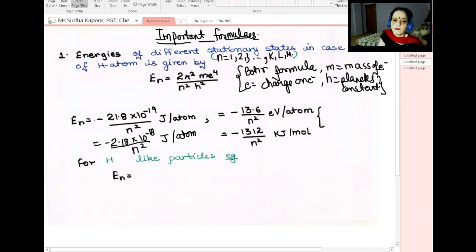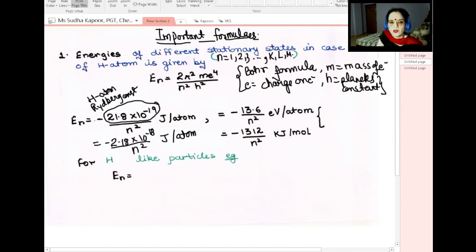And remember one thing also, that this particular value, 21.8 into 10 to the power minus 19 or 2.18 into 10 to the power minus 18, is known as the Rydberg constant for hydrogen atom.